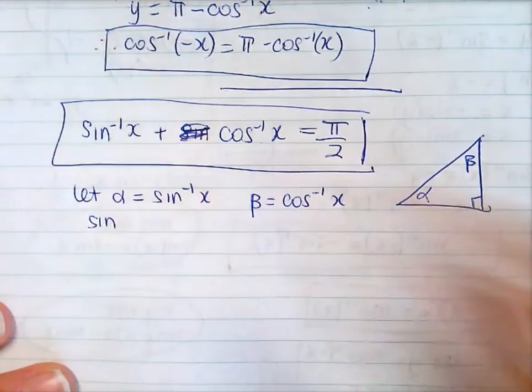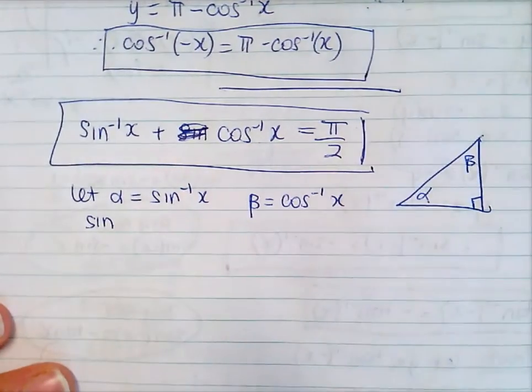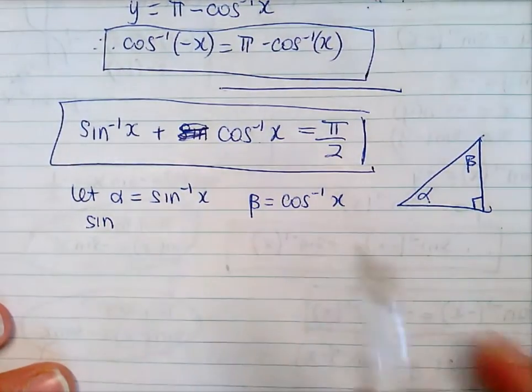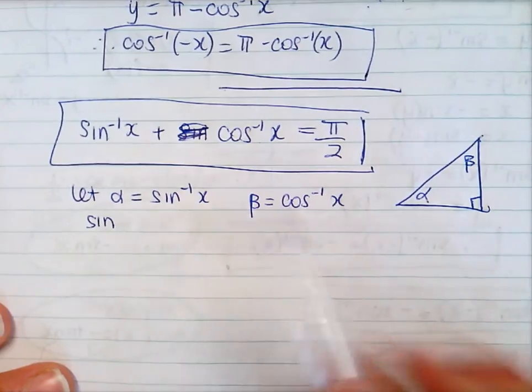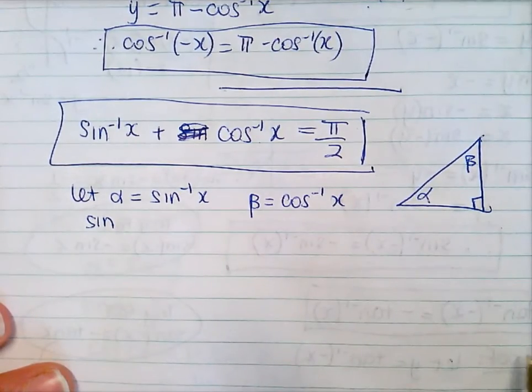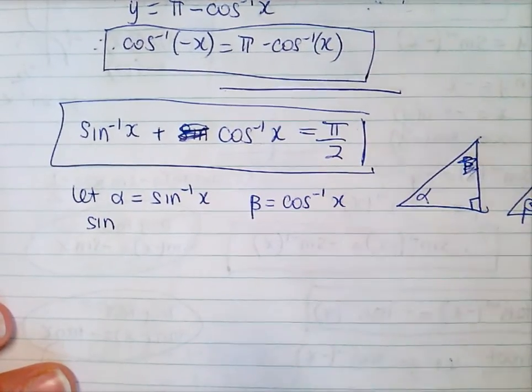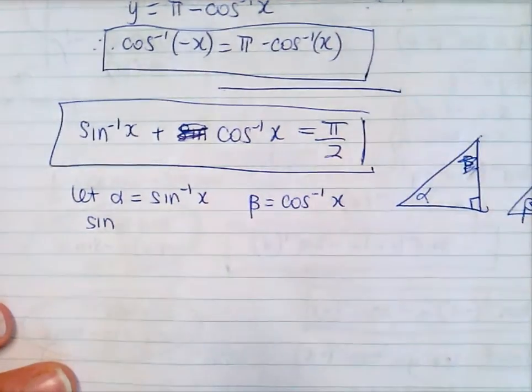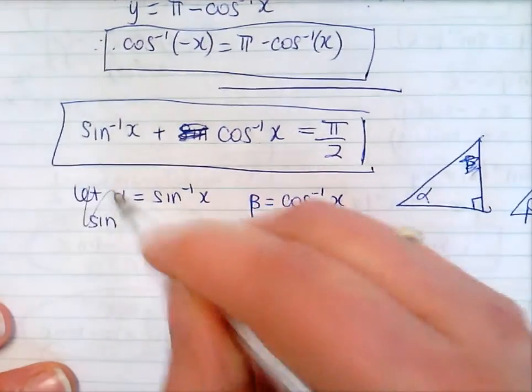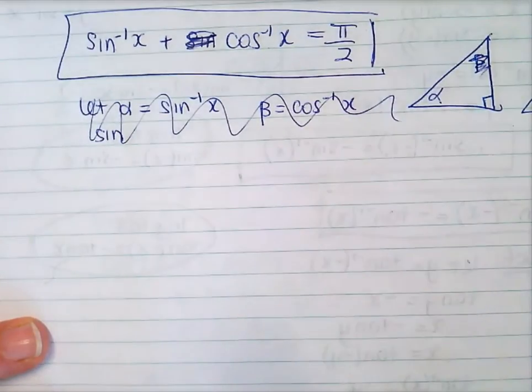You know why it's not going to work, girls? They're in different triangles. I'm not allowed to draw the one triangle with alpha and beta. So forget that one. You're not allowed to do it that way.